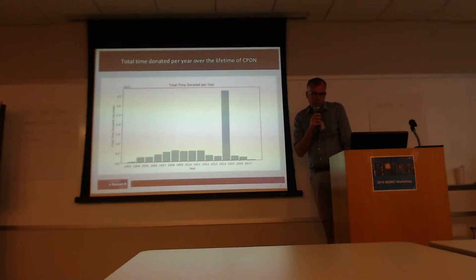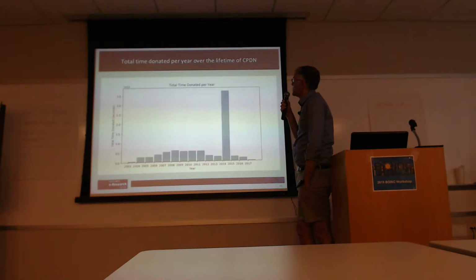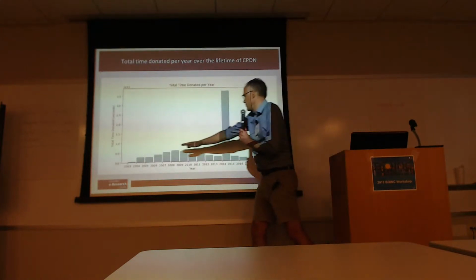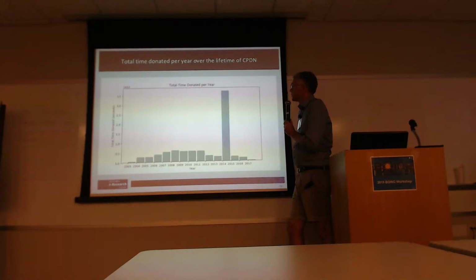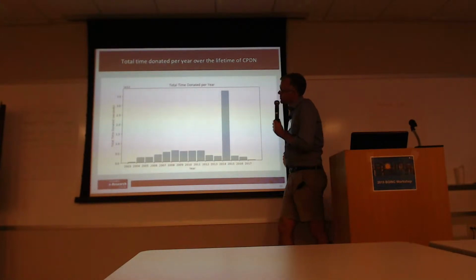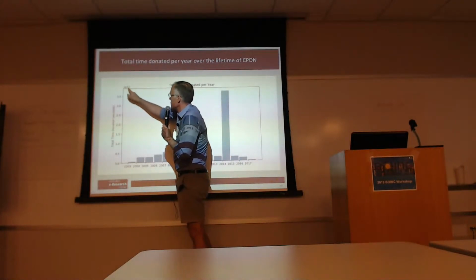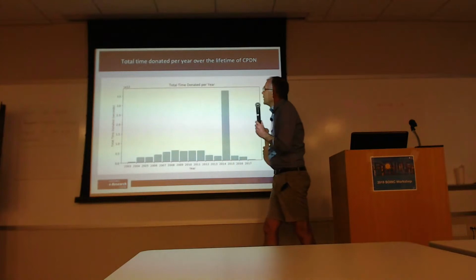Now, looking at the total amount of time donated per year over the lifetime of CPDN, this is sort of a reasonable expectation of the amount of time donated. So this is total time donated in seconds, 1 times 10 to the power of 12.